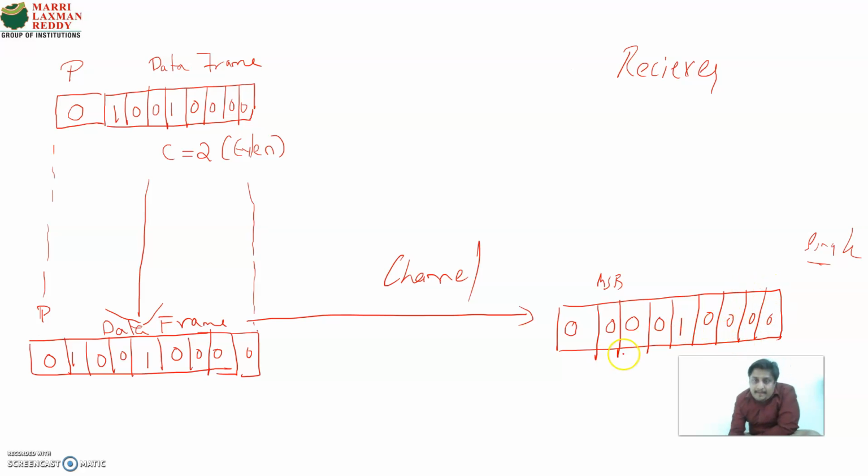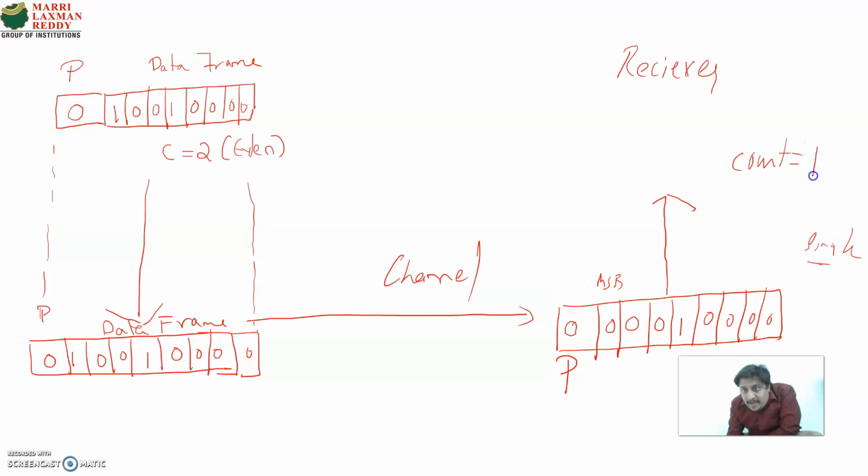Now what will happen? As we already know, this is the parity bit. The receiver will first count the number of ones. The count is odd here. So what should the parity bit be?